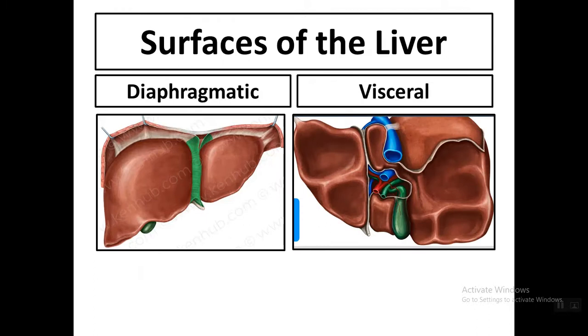What are the surfaces of the liver? One of the surfaces that is related to the diaphragm is called the diaphragmatic surface, and the other one, the posterior inferior surface, is called the visceral surface, and it is molded to the nearby viscera. So it has two surfaces, diaphragmatic and visceral.